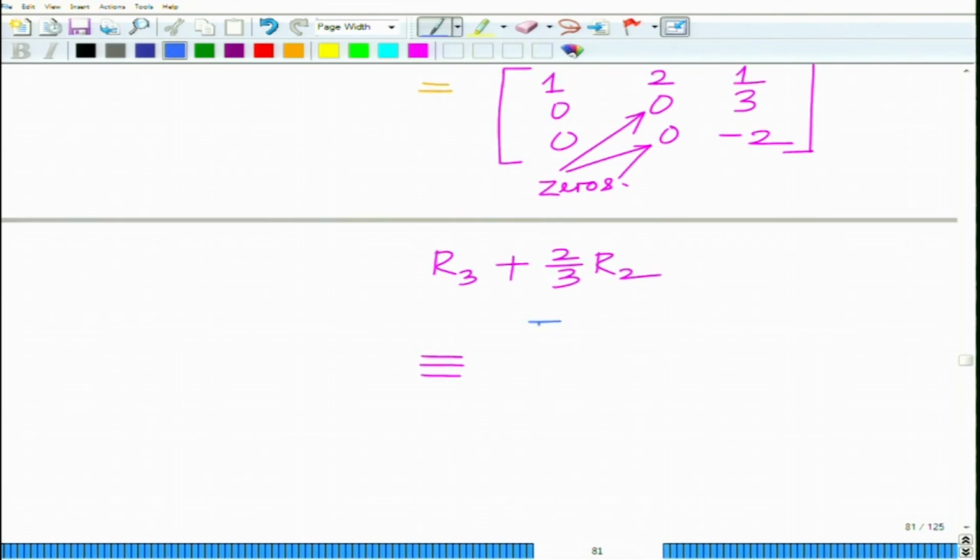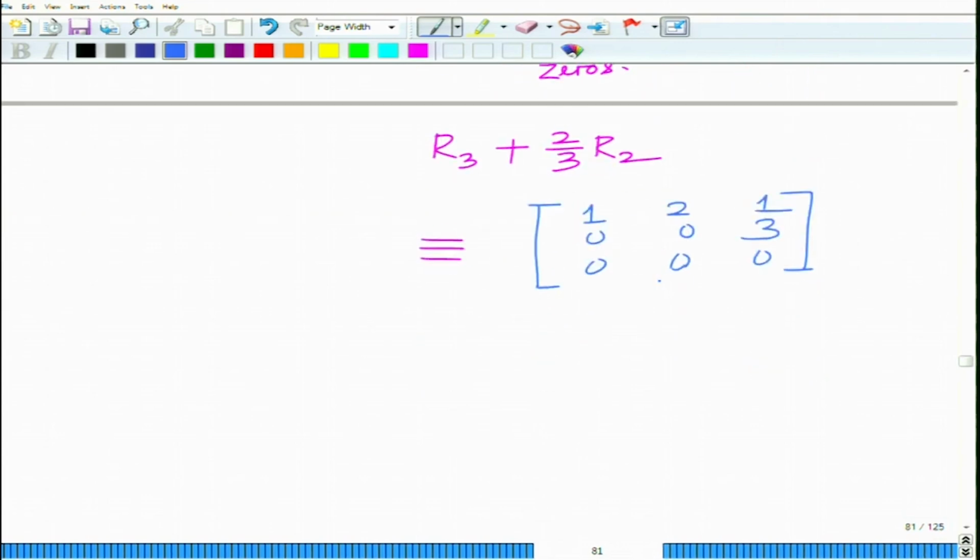What you will see is you have 1 2 1, 0 0 3, and you will finally have a row of all zeros. So, in this echelon form you have an all 0 row.